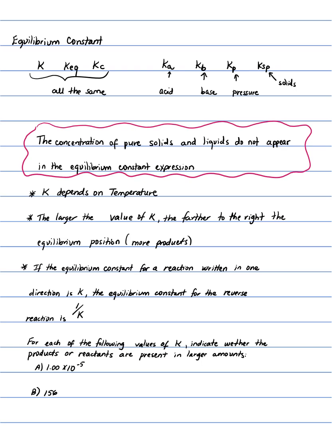The opposite is also true, right? If you have a small numerical value for K, it means that your equilibrium position is going to be shifted towards the reactant, favoring the reverse reaction. This is related to your numerical value for K larger than 1, lesser than 1, equal to 1.